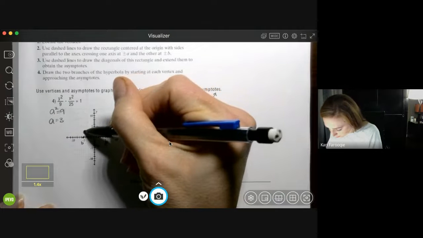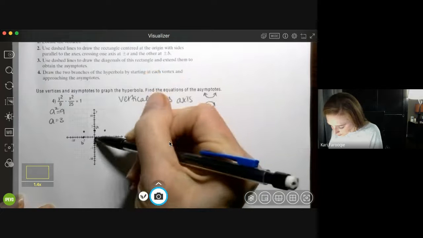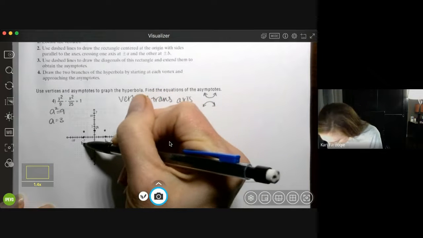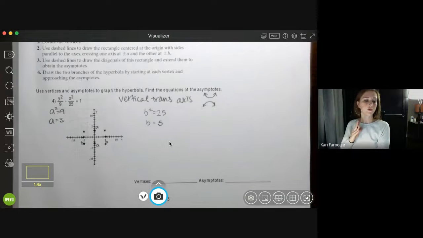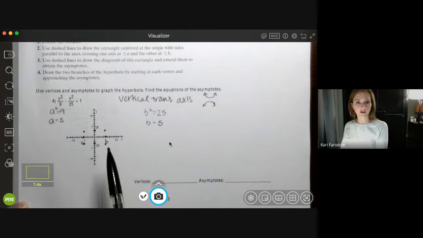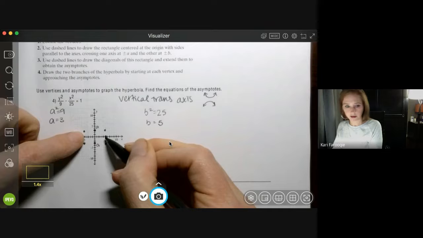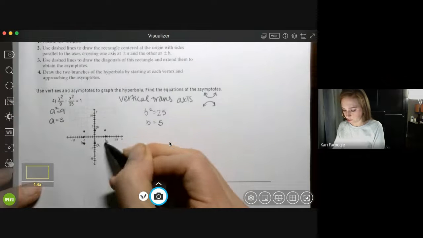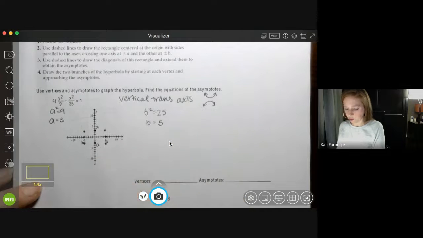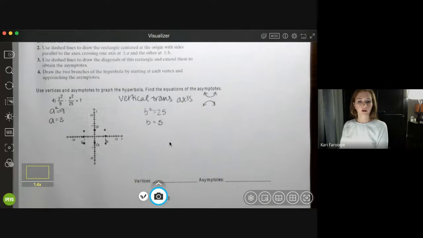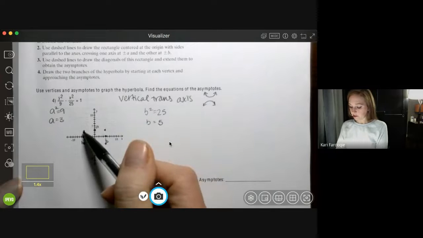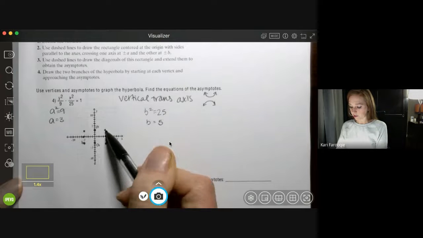Negative B, A, and negative B, negative A. So in essence, you have 8 points here. If you end up getting really good at this and you don't put B down, that's fine. You don't have to have it as long as you know how far out you're going. As long as you have these 4 corners, you're going to have these 2 vertex points. All right, before I proceed, does anyone have a question about how I obtained this box?